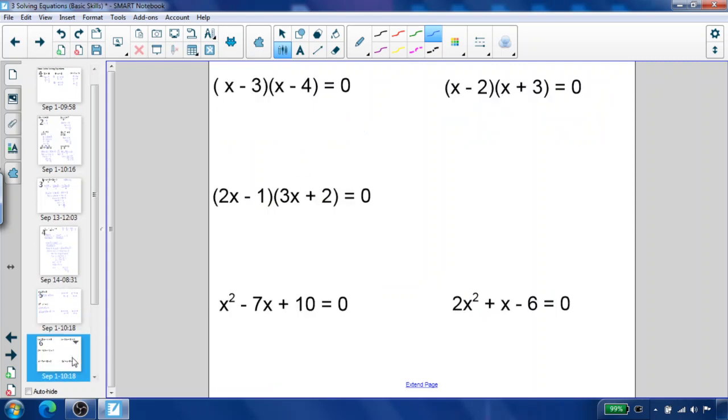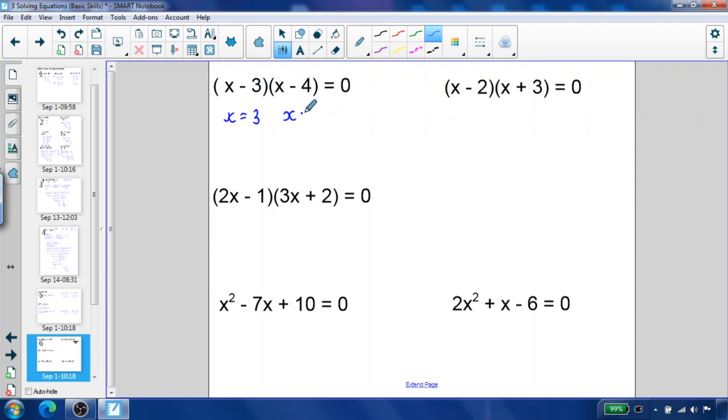So let's have a look at some more then. So I'm actually just going to spot this now. So x minus 3 is either equal to 0. So x must be equal to 3, because 3 minus 3 is 0. And for this one, x minus 4 could be equal to 0.